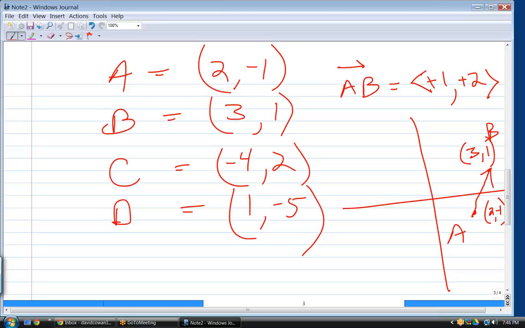It really is that. In other words, I could express AB, instead of between this set of x and y coordinates and this set of x and y coordinates, so that it goes from the origin. And this vector I can call 1, 2. And that vector is the same as AB.